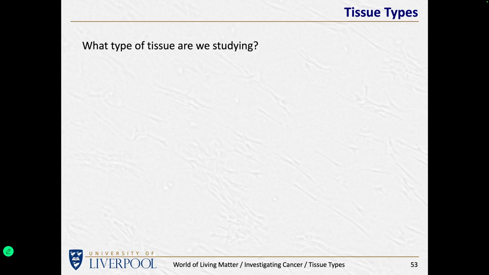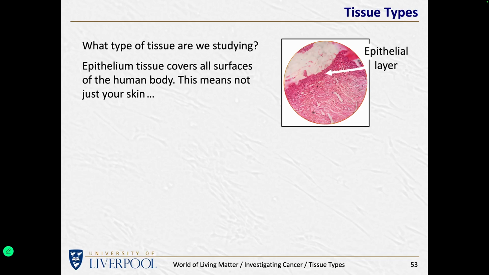So what type of samples are we dealing with? What types of tissue have we been studying? Well, we've spent a fair bit of time looking at epithelium tissue. That covers essentially all surfaces of the human body. That doesn't just mean skin, it means surfaces such as, for instance, the esophagus or inside your mouth.